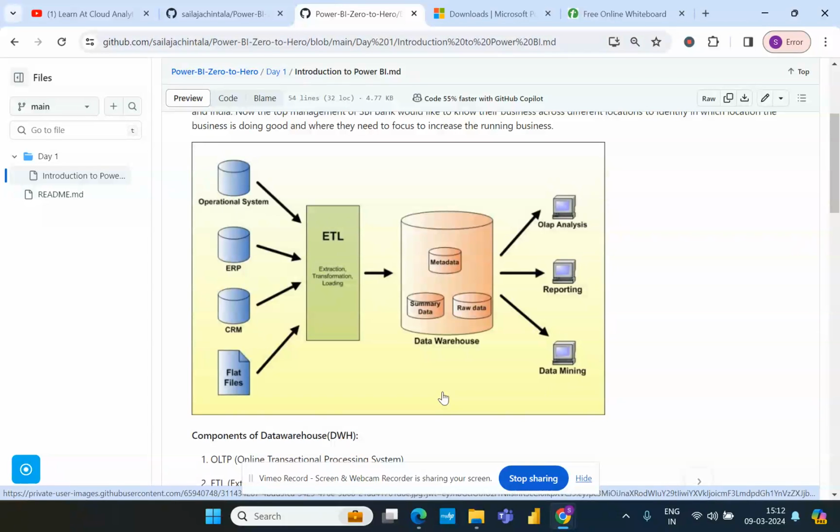And once we make the right transformation on that particular combined data set, then comes the loading phase. All the transformation and extraction that we have on this layer is a temporary placeholder.